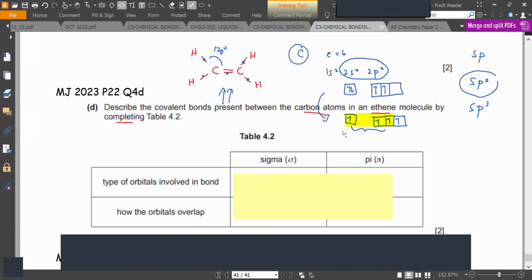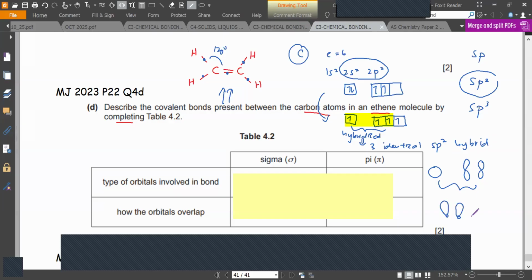Then we will hybridize to form 3 identical sp2 hybrids.